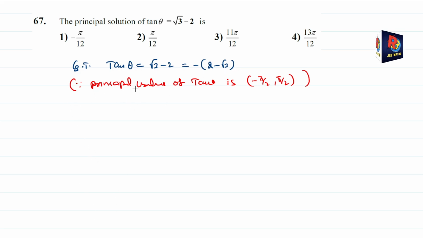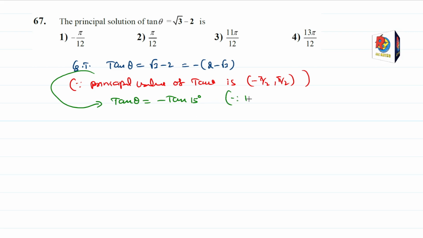The given information is nothing but, here you can observe this, tan theta value equals minus tan 15 degrees. 15 degrees is nothing but 5 by 12. But we need to observe this better. We can write that the principal value of tan theta is compulsorily minus 90 to plus 90 degrees only we need to take.